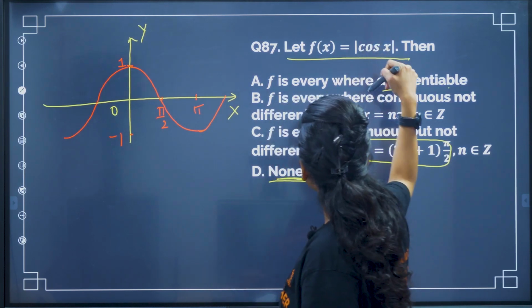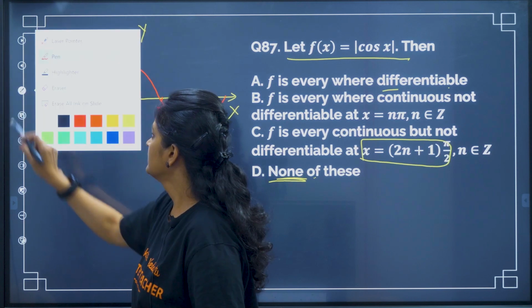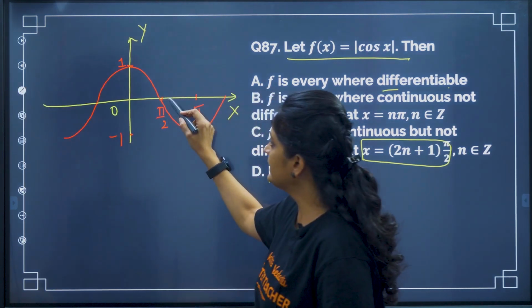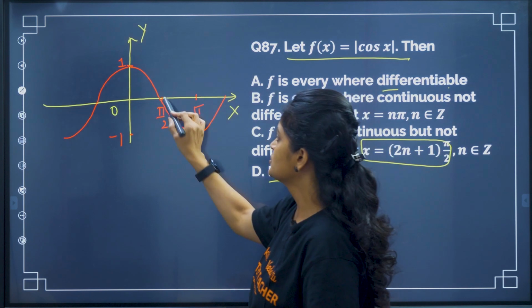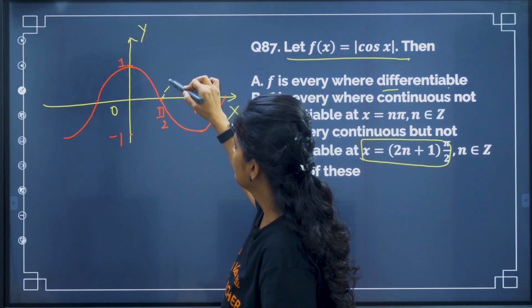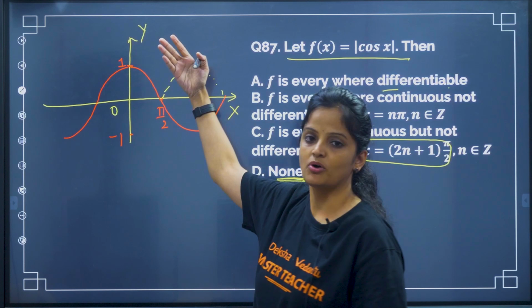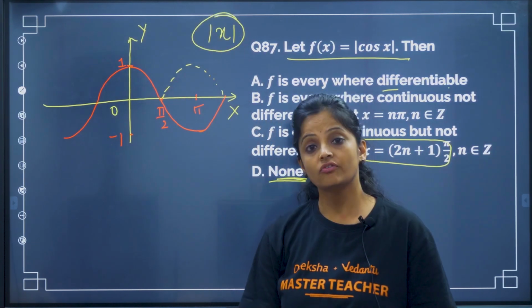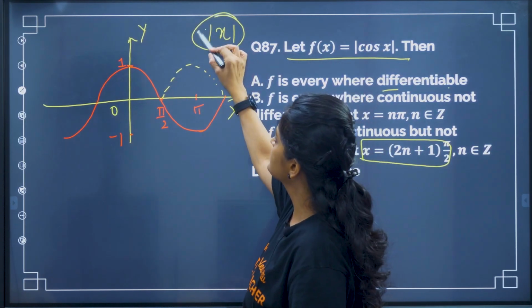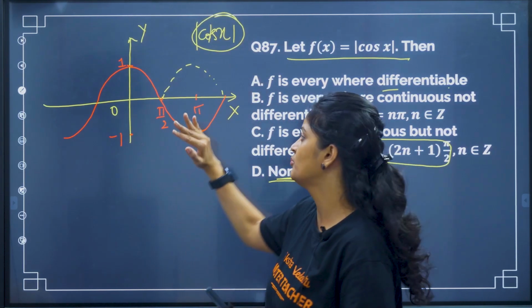If I take the mod of that, the negative part will be flipped to the positive region. So now this negative part will be lifted to the positive because mod is there. Mod is never negative. Mod is always positive. Mod of cos x if I take, it is always positive, so it has to be flipped to the positive.